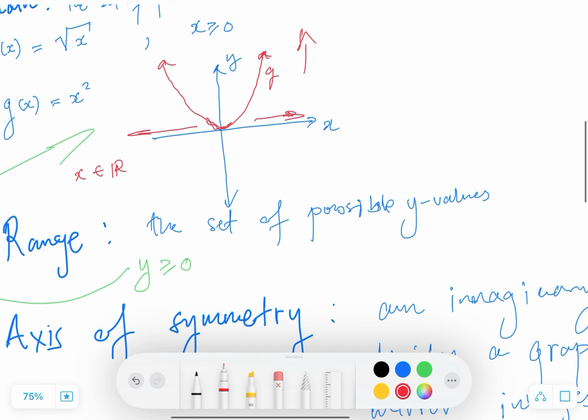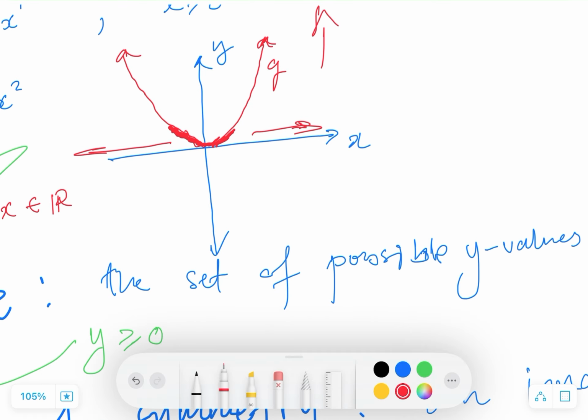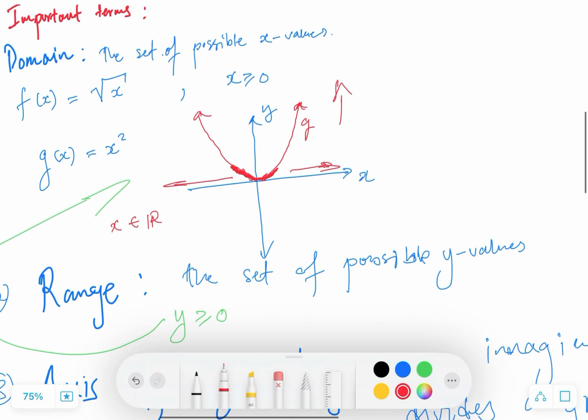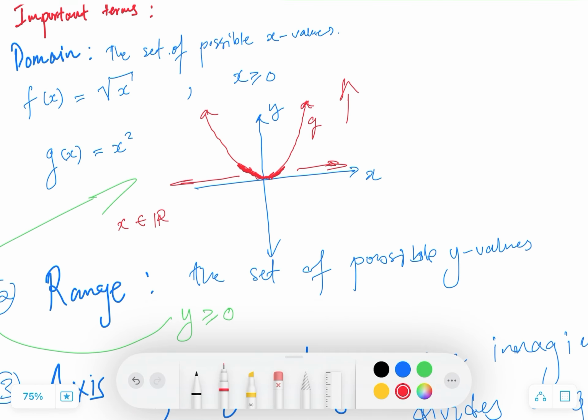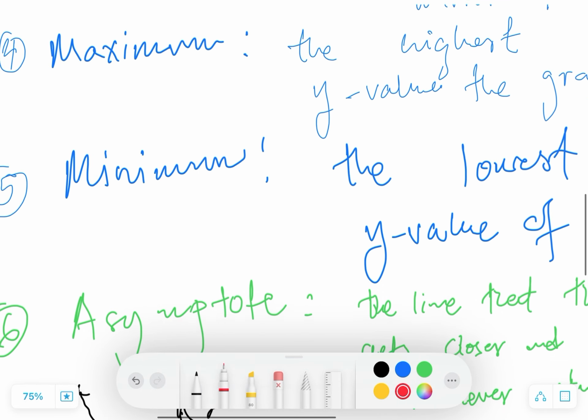So for example here, this lowest point is also a turning point because the graph changes direction: on the left it is going down, and on the right it starts going up. So that's the turning point. You'll see with cubic functions we have 2 turning points, local maxima and local minima. Yeah, we'll discuss that in another video.